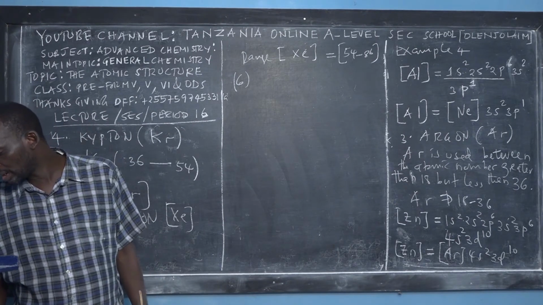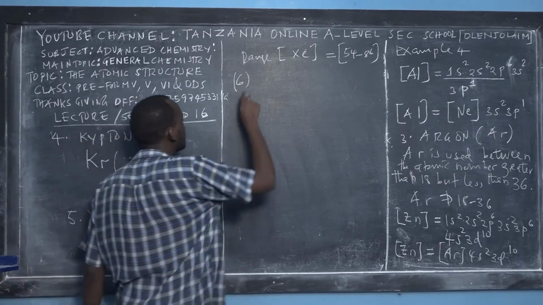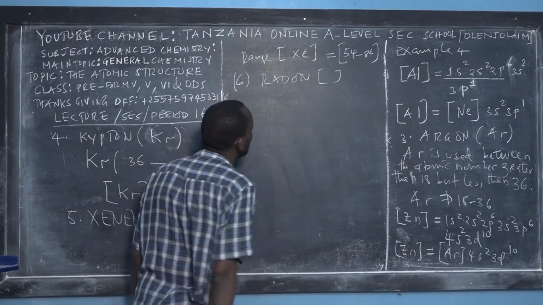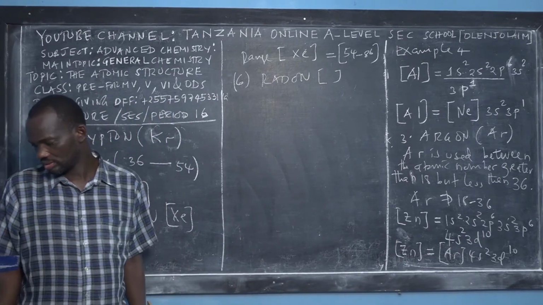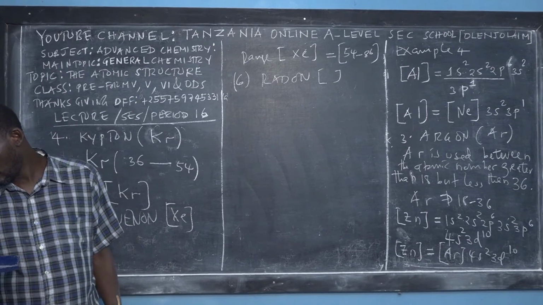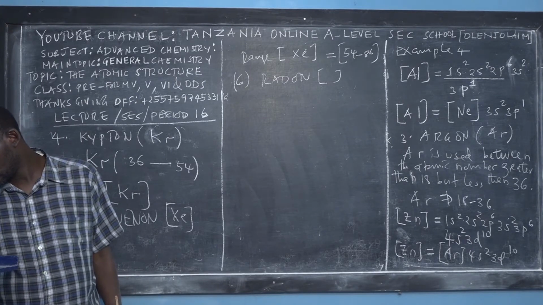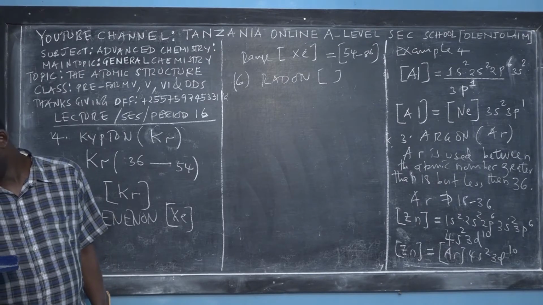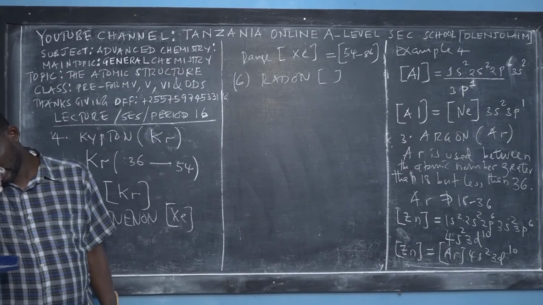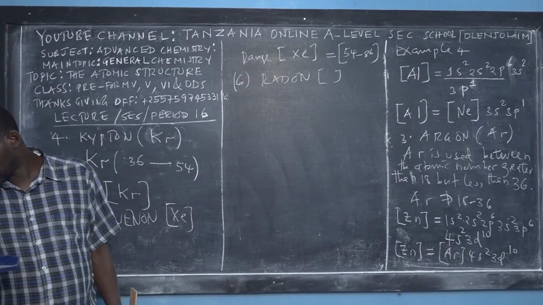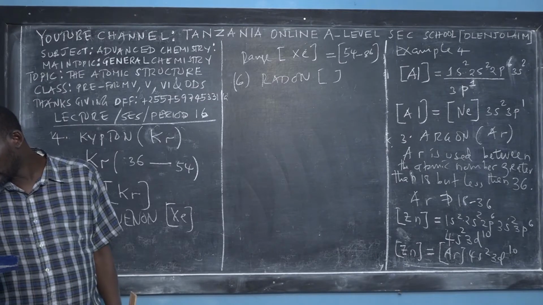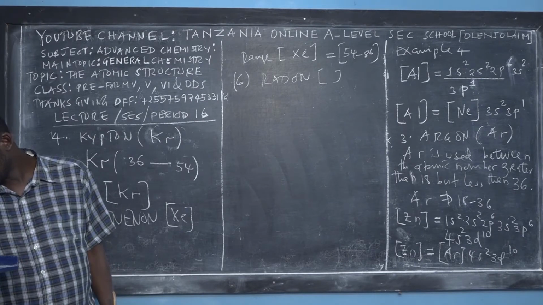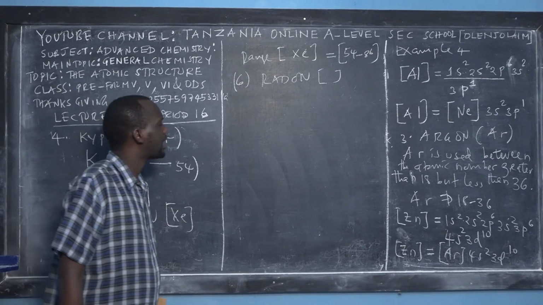Next one is called radon. Radon is Rn. From here, we say that it is shortened at 86, and that ends there, therefore the next.